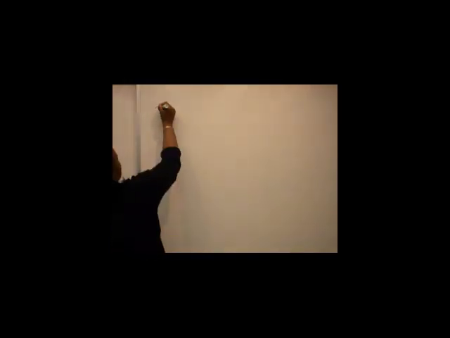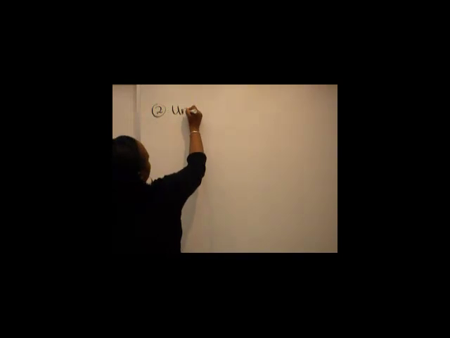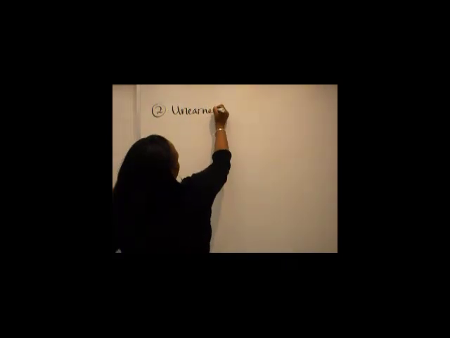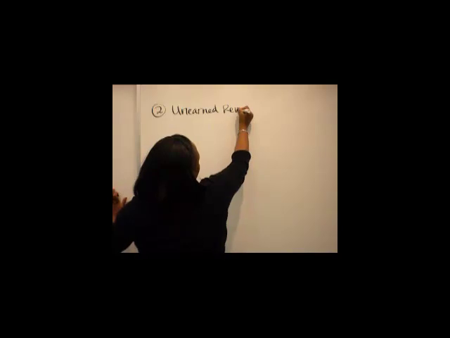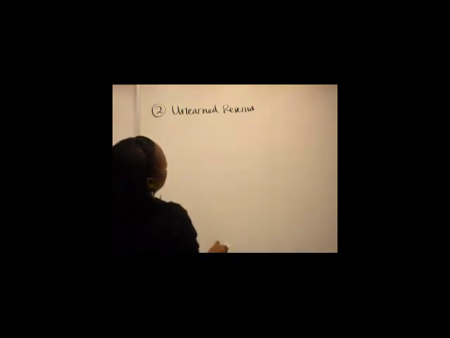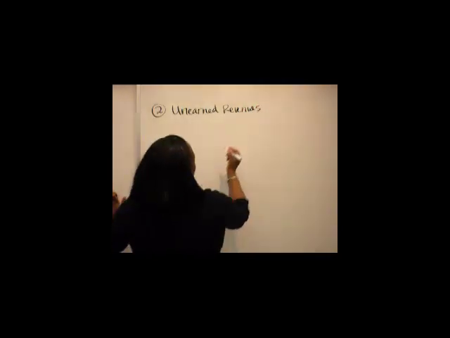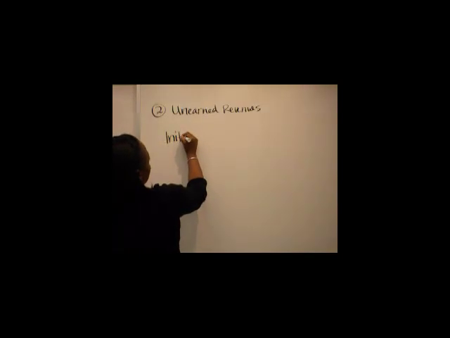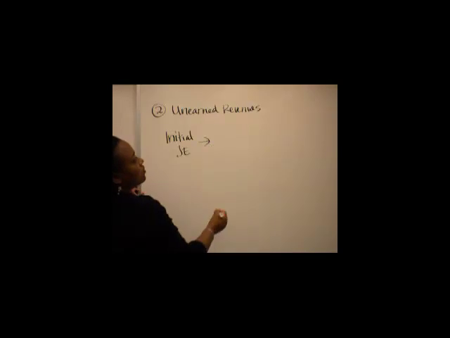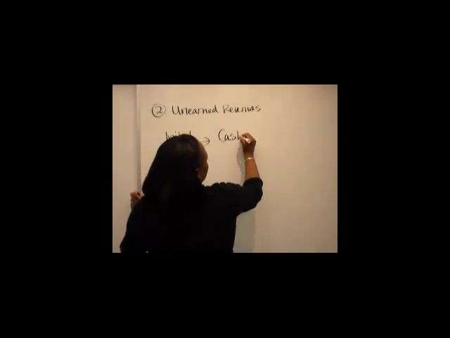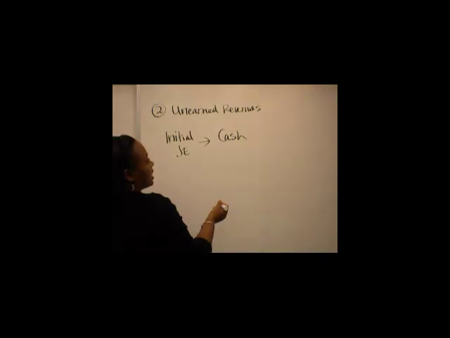Second one is unearned revenue, which is an example of a deferral. Okay, so unearned revenue, you will have an initial journal entry, at which time when you receive the cash, you will debit the cash on whatever date that is.